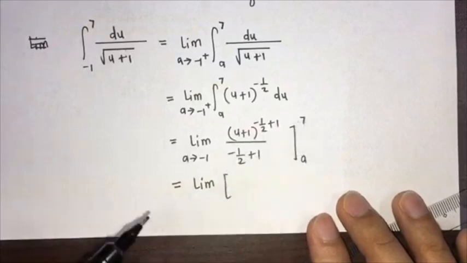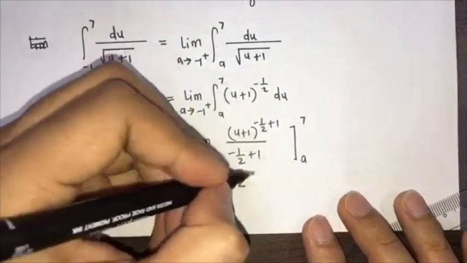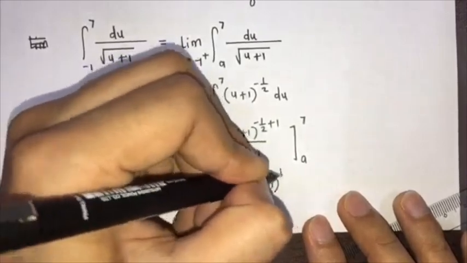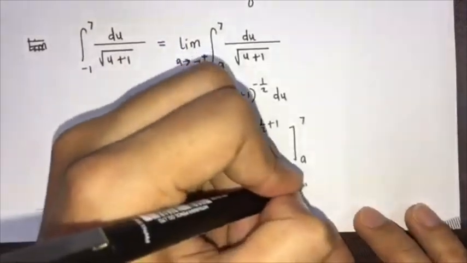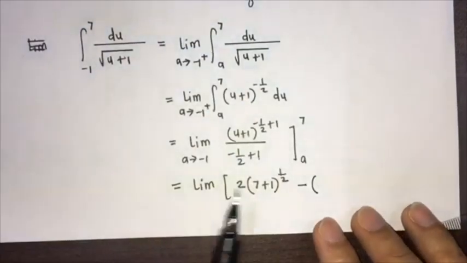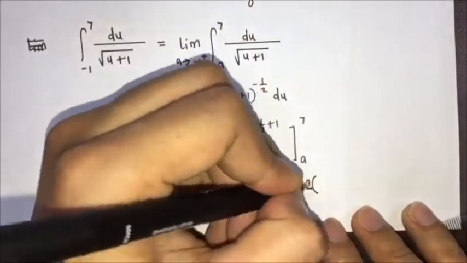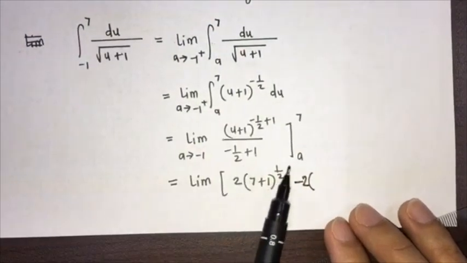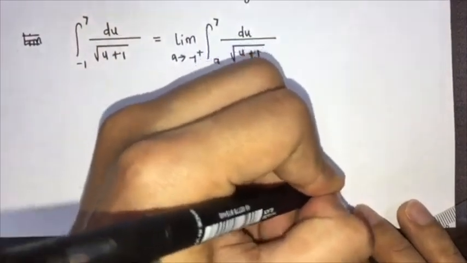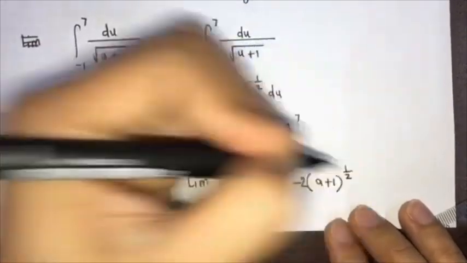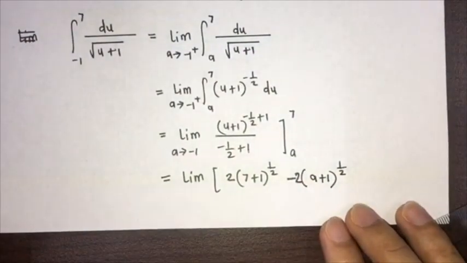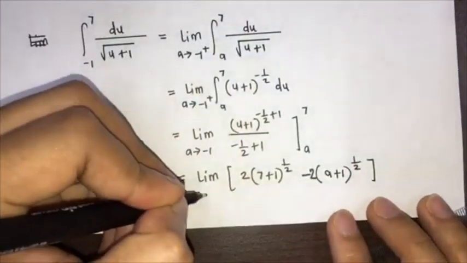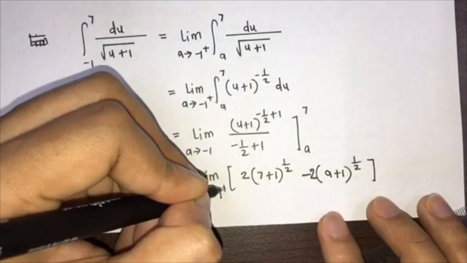Then substituting the limits, that will become 2 times 7 plus 1 raised to 1/2, minus 2 times the lower limit a plus 1 raised to 1/2, as a approaches negative 1 from the right.